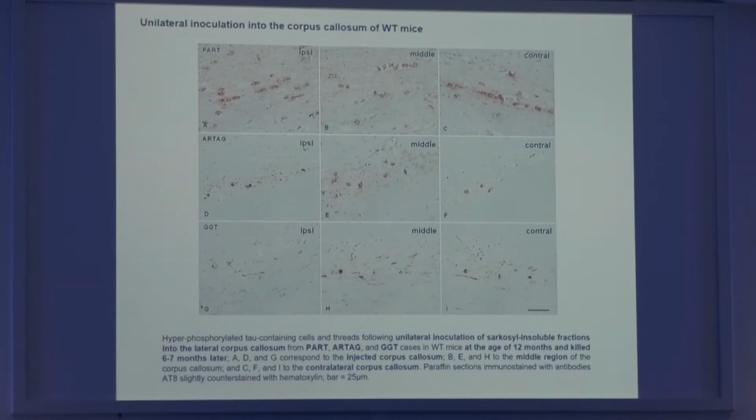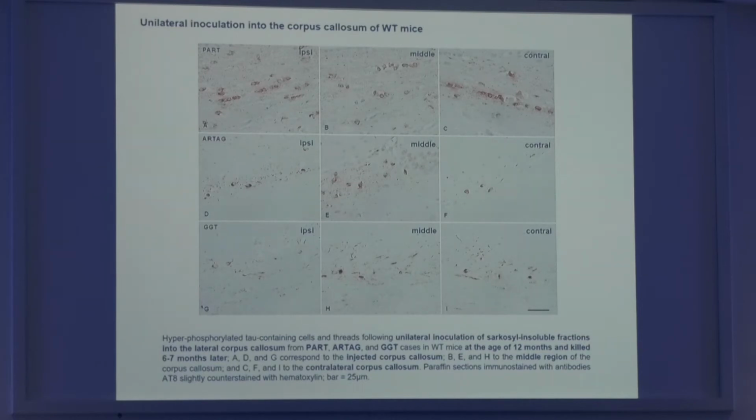What happens when we inject in the corpus callosum? This is a very important point because the majority of tauopathies have involvement of the white matter, and then we need to know whether it is a primary alteration of the white matter or not.